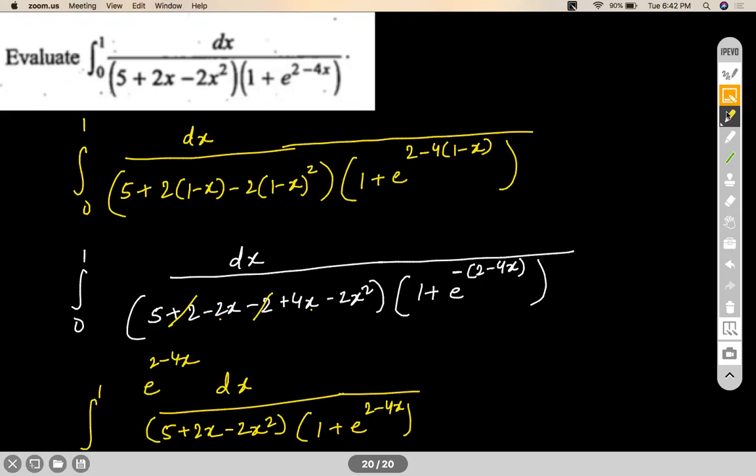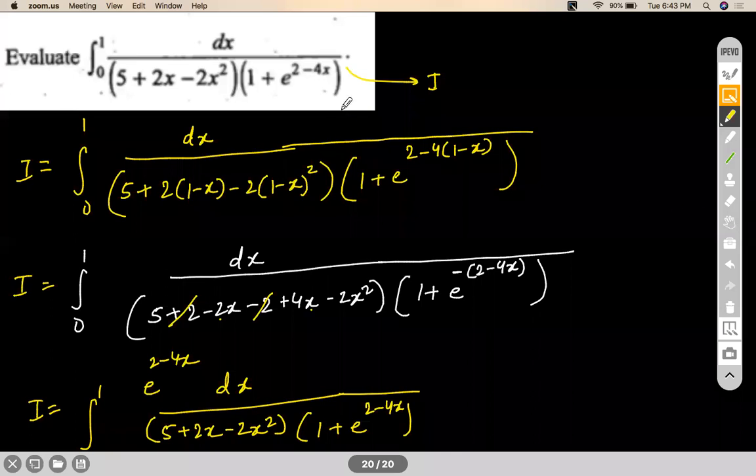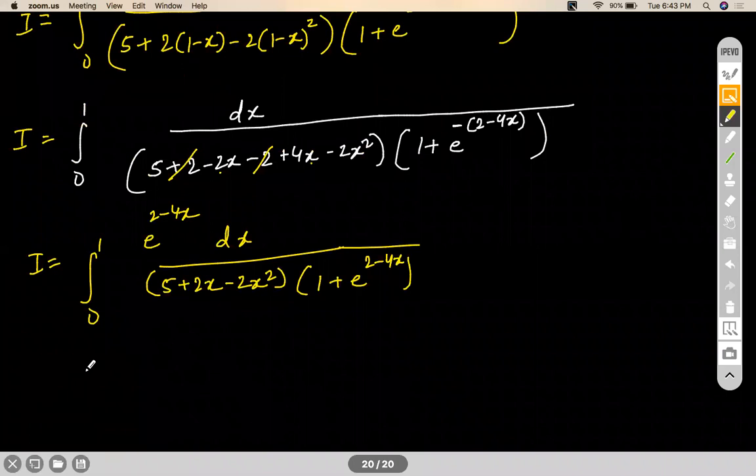Okay. So let us call this as I, and this will also be I then. In fact, all of these are I only. Correct? Let us add the two I's. If you add the two I's, you would realize that the denominator is the same.